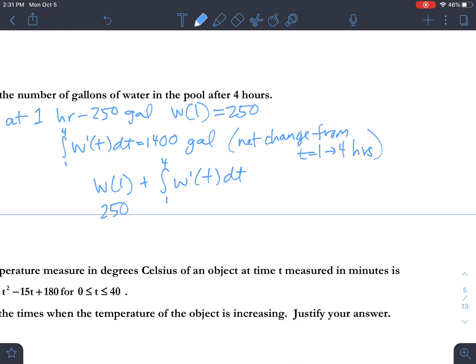So the initial, that's what this was, initial plus the net change from 1 to 4, 250 plus 1,400 gives us 1,650 gallons at t equals 4 hours. So the original was 250 gallons, and from t equals 1 to t equals 4, I added 1,400 more gallons. So overall, I look at my pool right at the fourth hour, and I have 1,650 gallons.